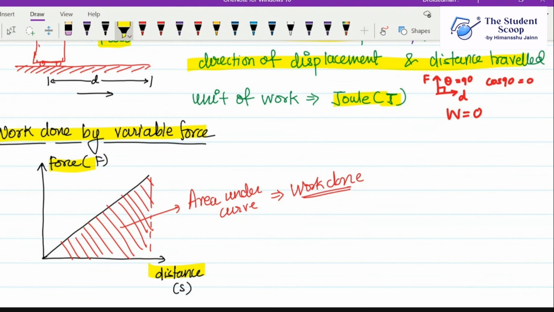But for simplicity, if they have given us force versus distance, it can be distance, or in some cases, it can be extension, stretching, extension, compression, some unit of meters. Okay, and the force is given in newtons. So in that case, the area under the curve gives us work done.